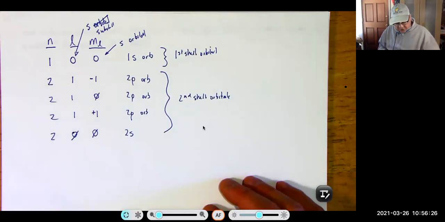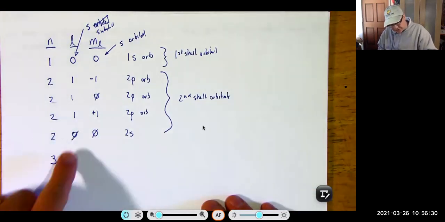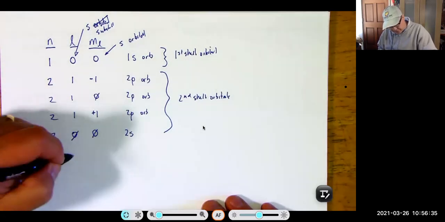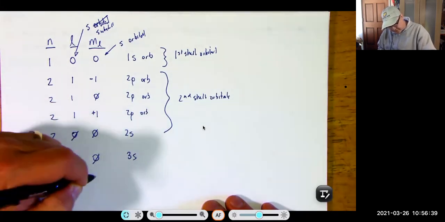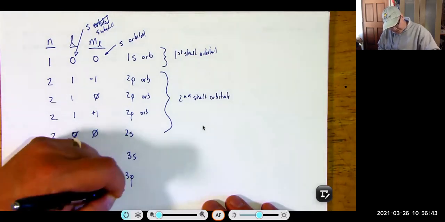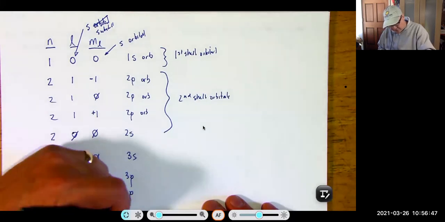1. So what you're going to find out is if we go to the next one, I'm going to do this in reverse: instead of doing the 2's first and then the 1's and the 0's, I'm going to do the 0 first. This is a 3s. This is a 3p. This is a 3p. This is a 3p, and so forth.